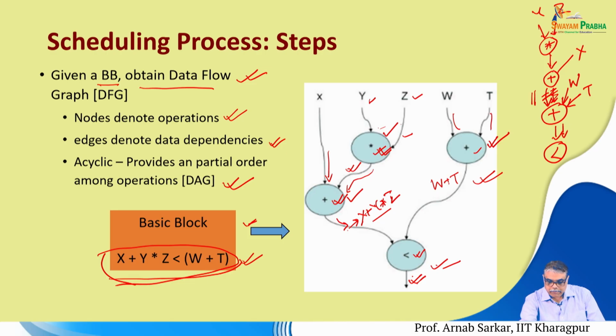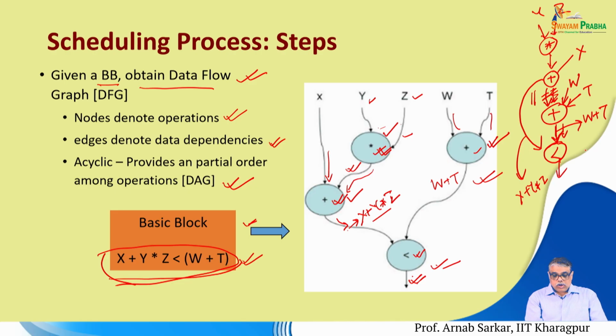The output of this will come here, and the outputs of these two are data dependencies. This one gives me x plus y into z, and this one gives me w plus t, and the sequence in which we have performed the operations satisfies all data dependencies.